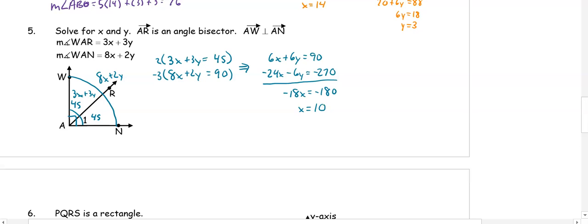So x is 10. Once we know x is 10, we can substitute to get y. So we have 3 times 10 plus 3y equals 45. 30 plus 3y equals 45. So 3y equals 15, which means y is 5. So we have the ordered pair of 10, 5.